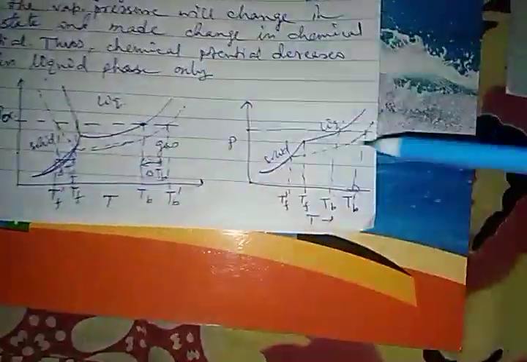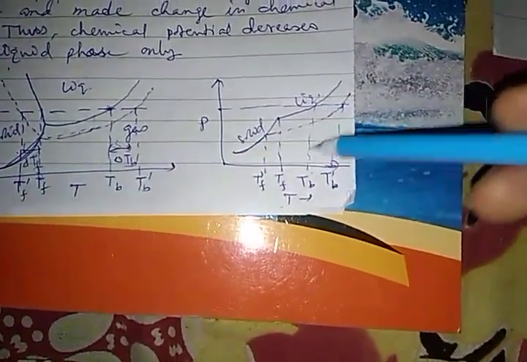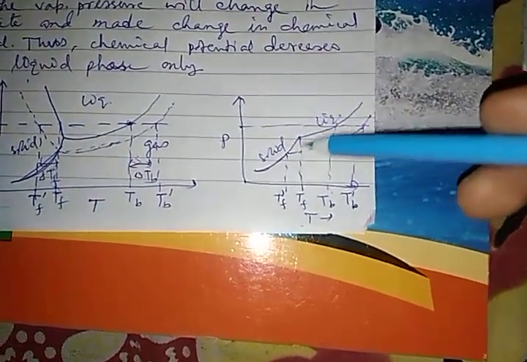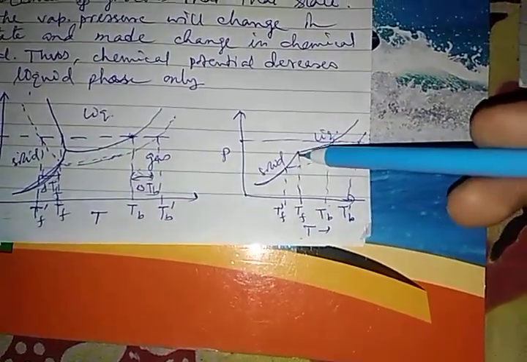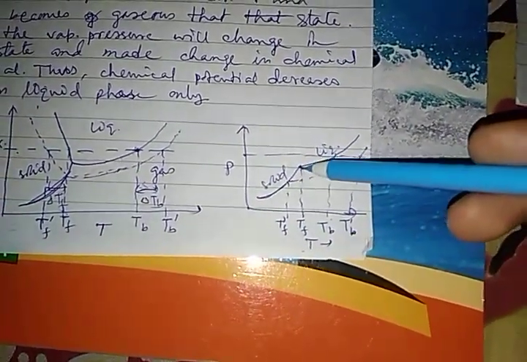In another way, you can understand it in a simple manner. If you forget this line, you just consider this is a liquid line, this is a solid line. The freezing point is the point where both the liquid and solid lines touch.